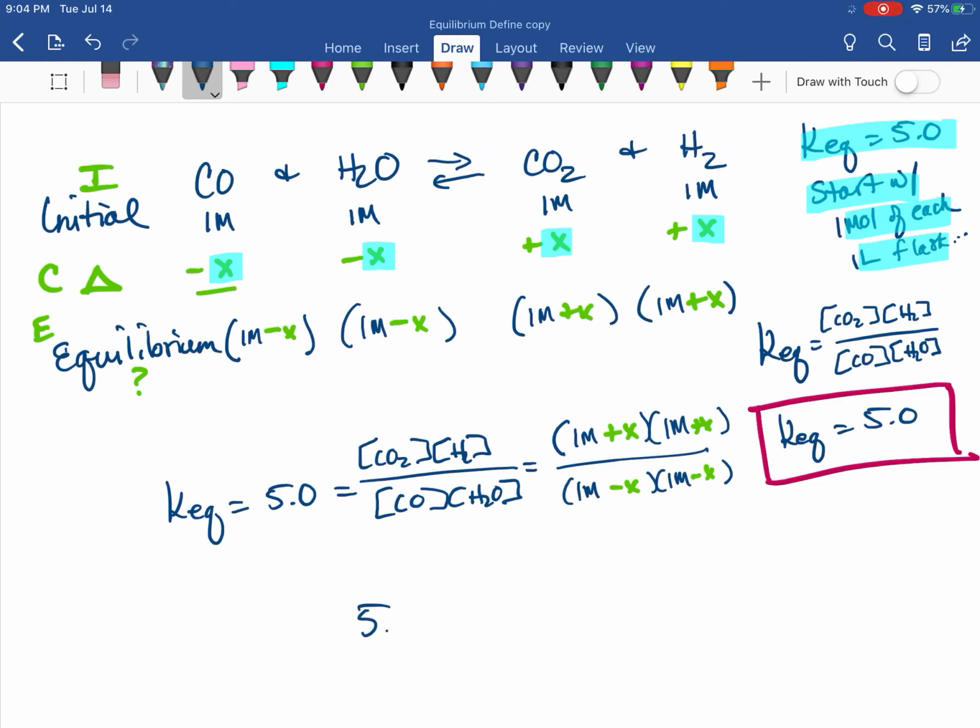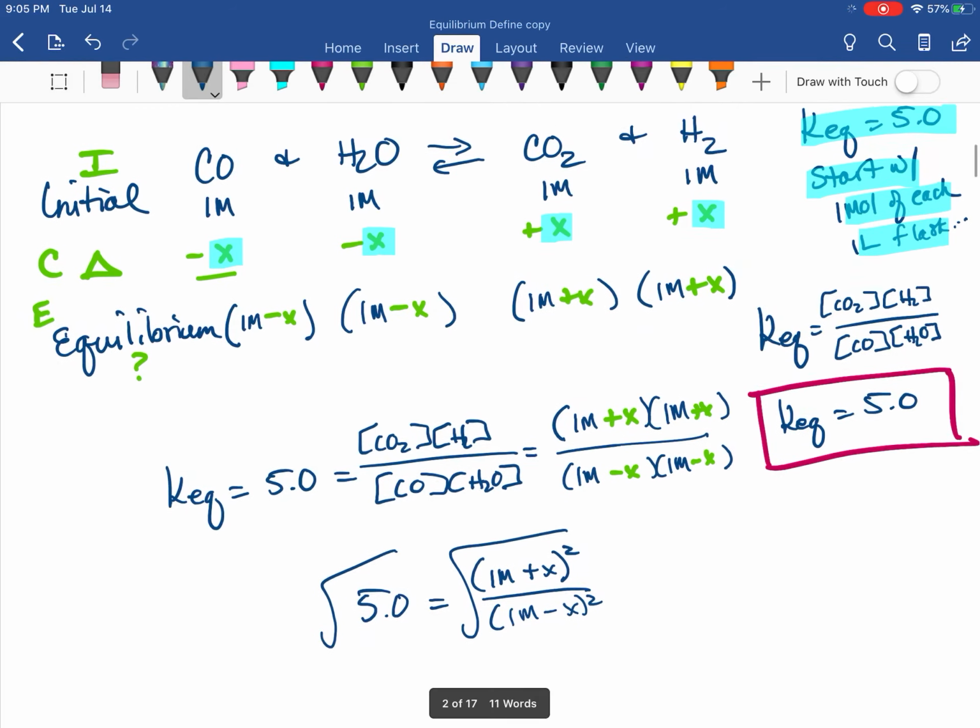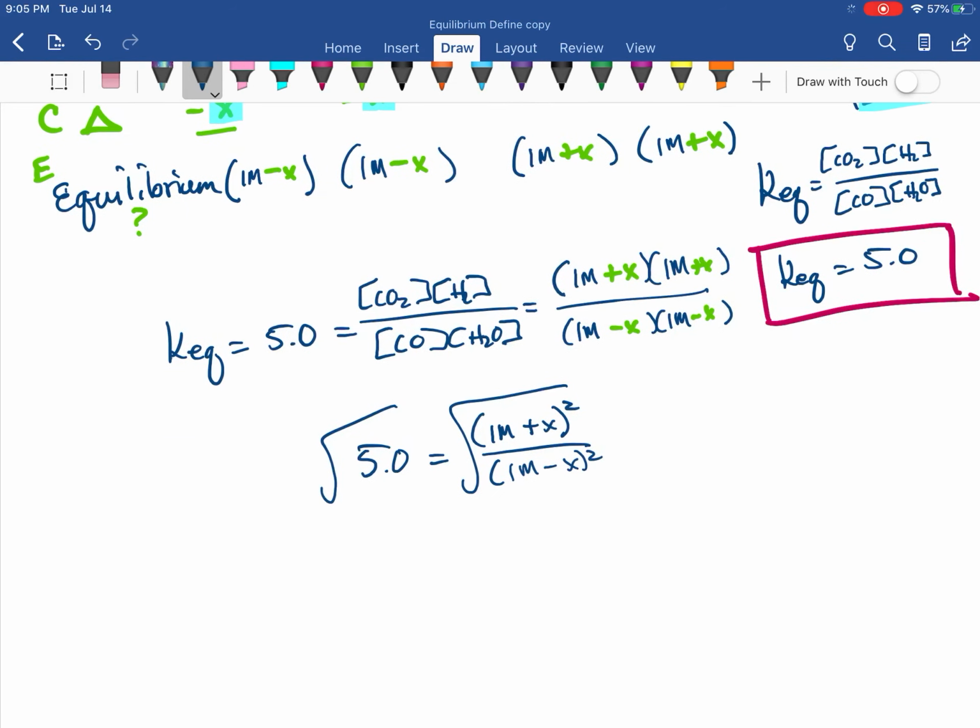Okay, so let's simplify that just a little bit. I'm going to go ahead and take that 5, and I'm going to call that squared. And I'm going to call that squared. And now how do I get rid of that? We can take the square root on both sides.